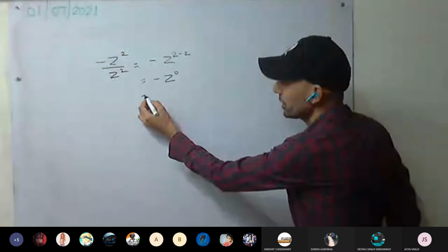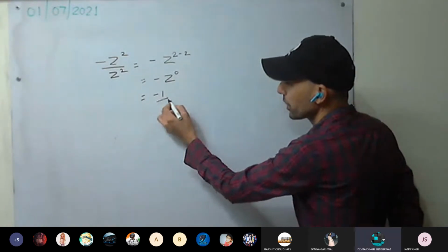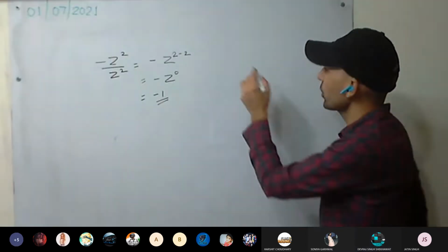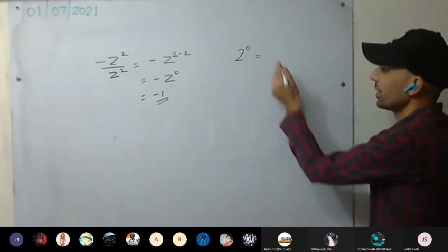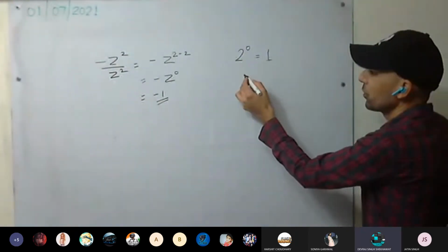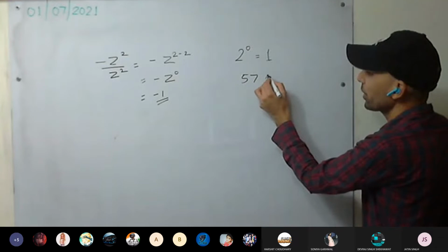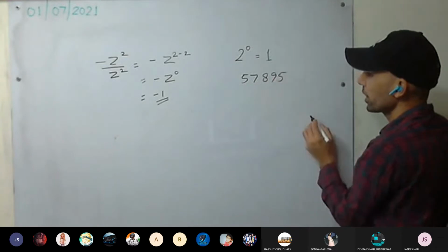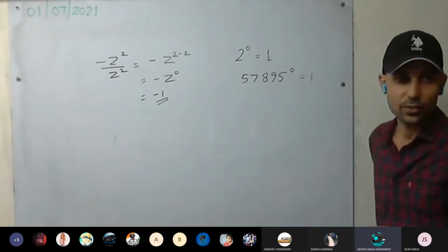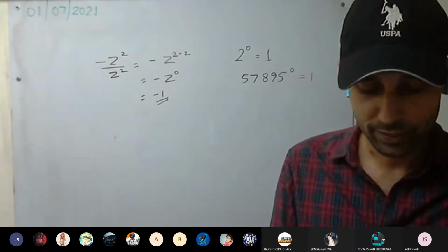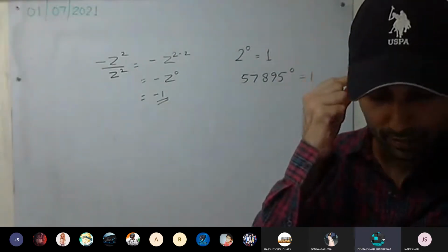So it is minus 1. Always remember. If I write 2 raised to power 0, it will be 1. If I write a big number and put 0 as the power, it will be 1. You can do it like this.